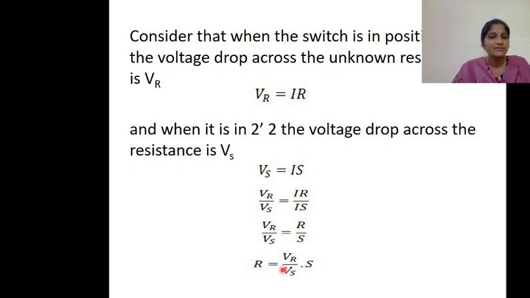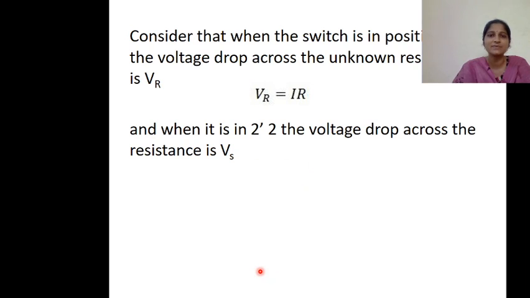So by knowing all these three values, you can calculate the value of the unknown resistance capital R. So R is equal to VR by Vs into S. So this is about the potentiometer method.